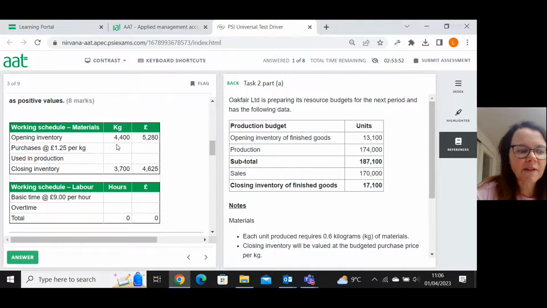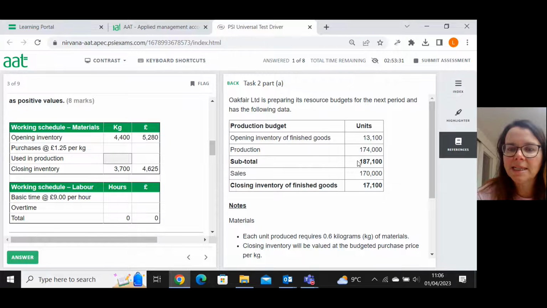Right, so materials first of all. I'm going to start off with this box, working out what's going to be used in production. So I know that each unit needs 0.6 kilograms. And I know that I'm making 174,000 units.